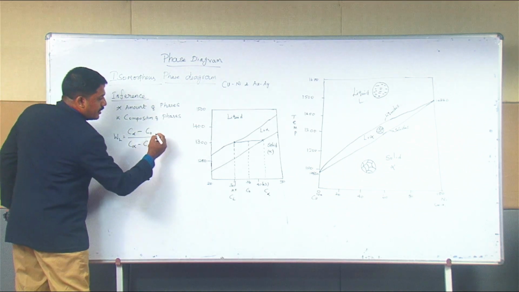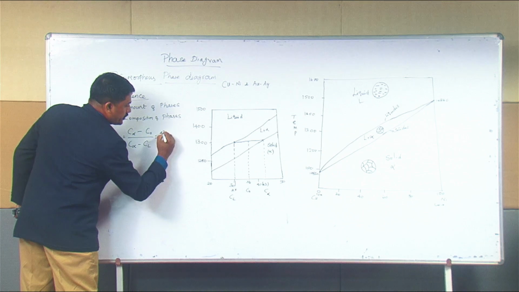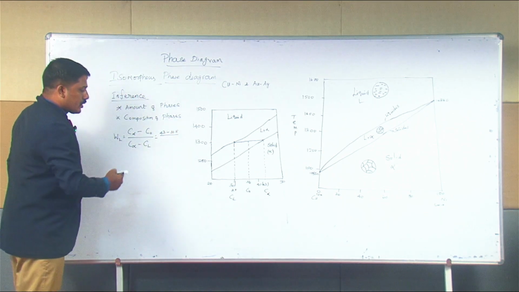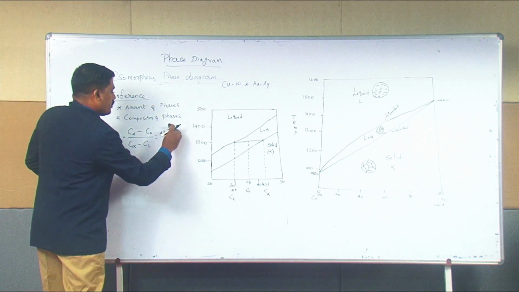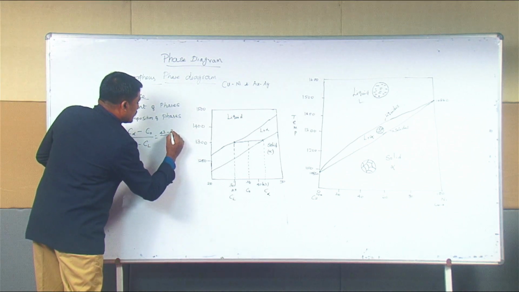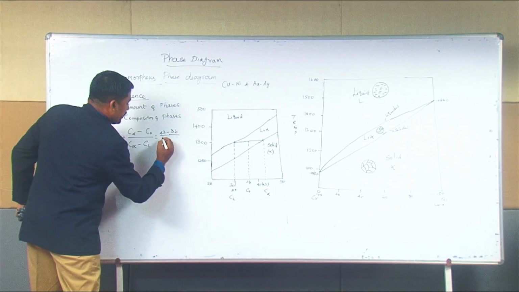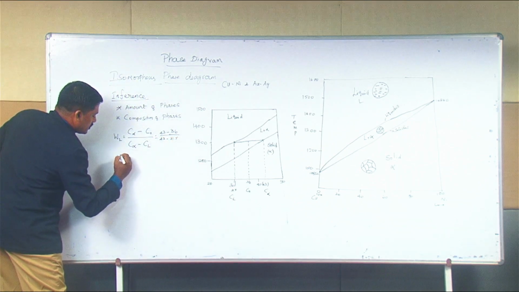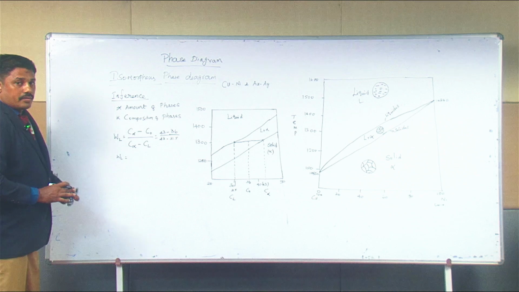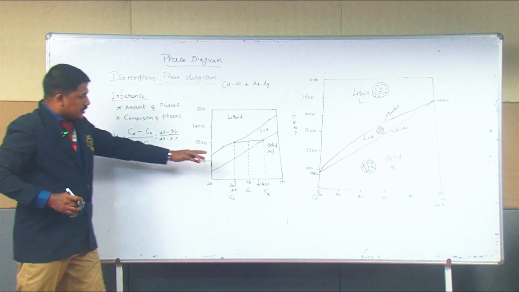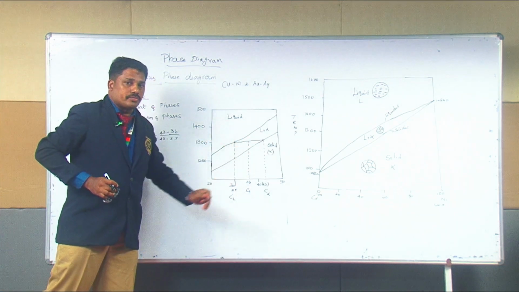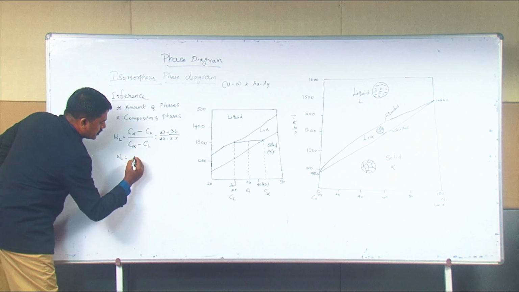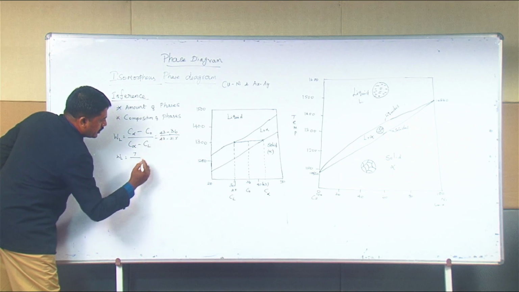So C alpha is 43, minus 36, divided by 43 minus 31.5, which is 7 by 11.5. This gives the percentage of liquid present at the specific temperature for the whole composition.